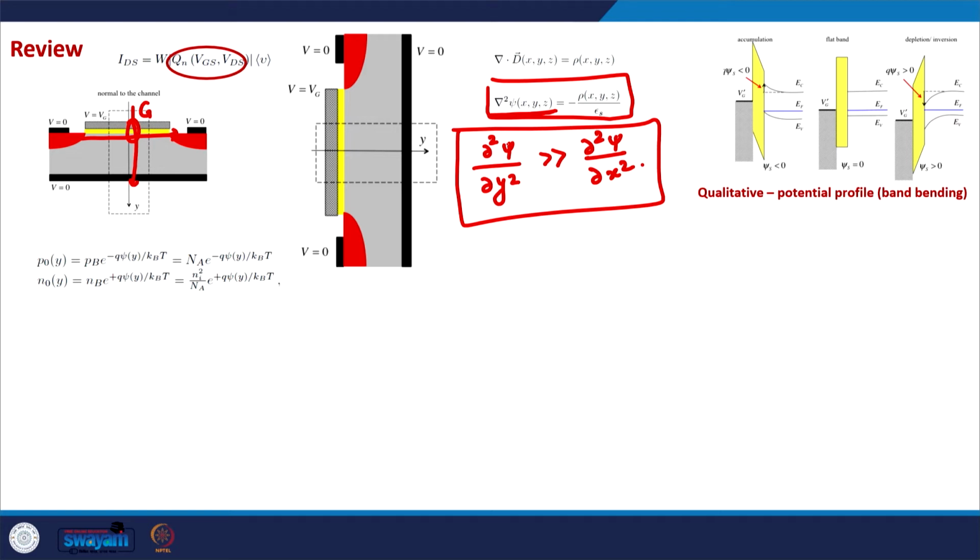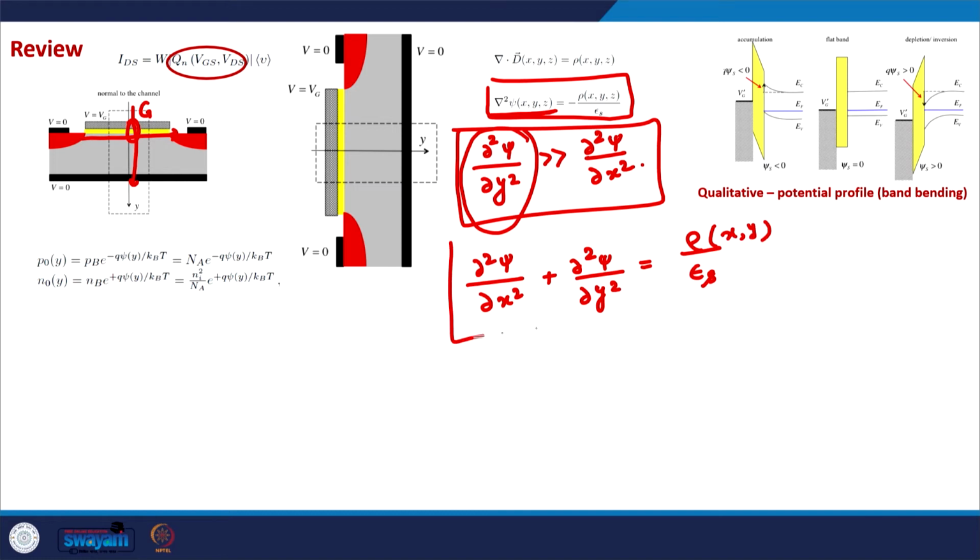And that's why we can do proper electrostatic treatment of the MOSFET just using the electrostatics in y direction, because if we consider the electrostatics both in x and y direction, the Poisson equation will look something like this: del 2 psi by del x square plus del 2 psi by del y square should be equal to rho by epsilon s.